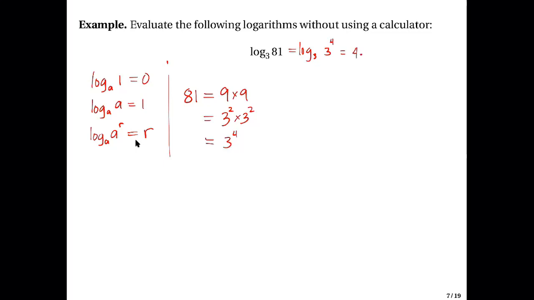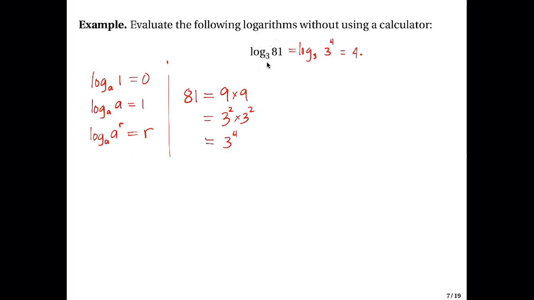So if you find this kind of problem, where you are asked to solve for the exact value of logarithms without using a calculator, most probably this is the property you will need. What you need to do is look for the base of the logarithm and then write the argument as a power of that base.